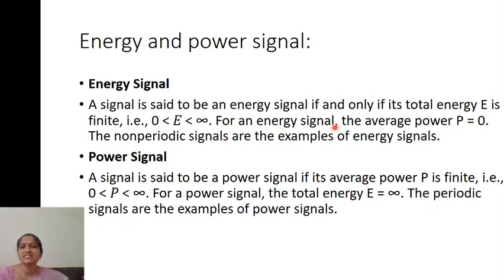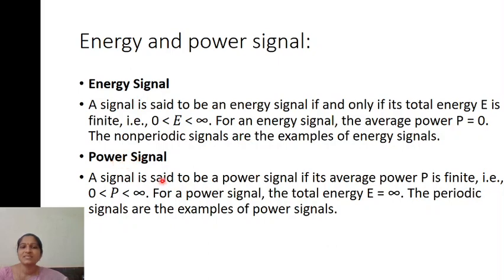For an energy signal, the average power P is equal to 0. The non-periodic signals are examples of energy signals. So those signals which are non-periodic are considered as energy signals.